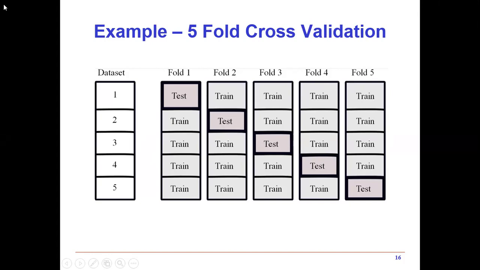Why are we doing this kind of validation? To validate the classifier. Suppose you have taken just a single split. Say there are 100 rows in a data set, and you take rows 1 to 80 as the training set and the last 20% as the test set, and you develop a classifier.